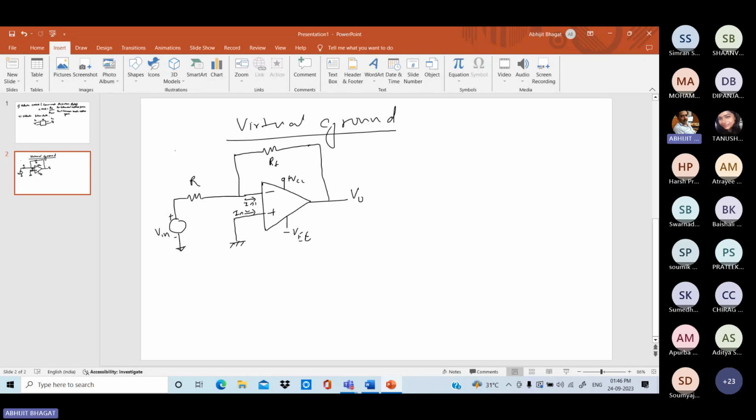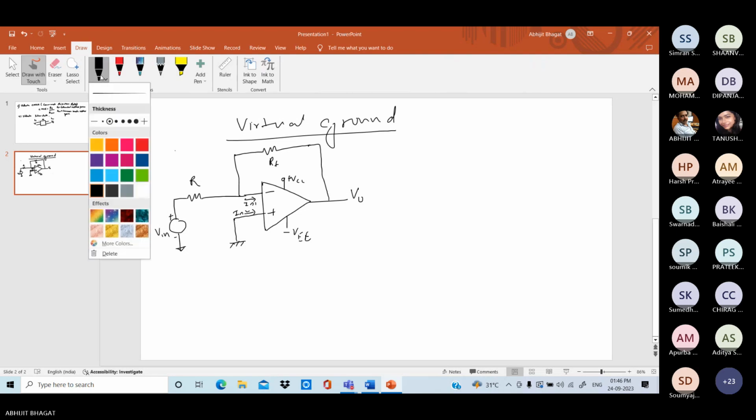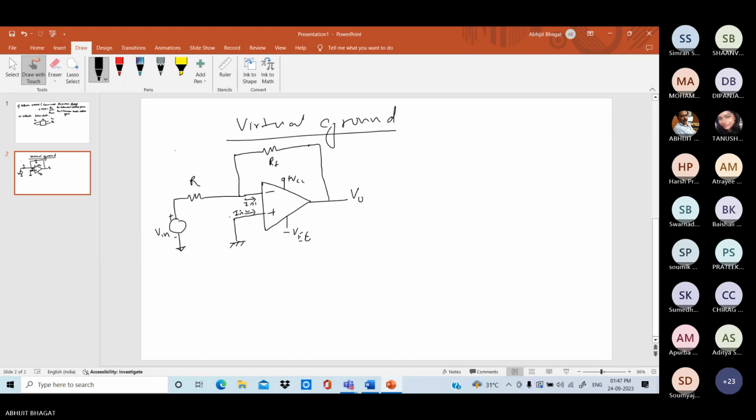This terminal is grounded, you can see here. For the ideal op-amp, what is the input impedance?